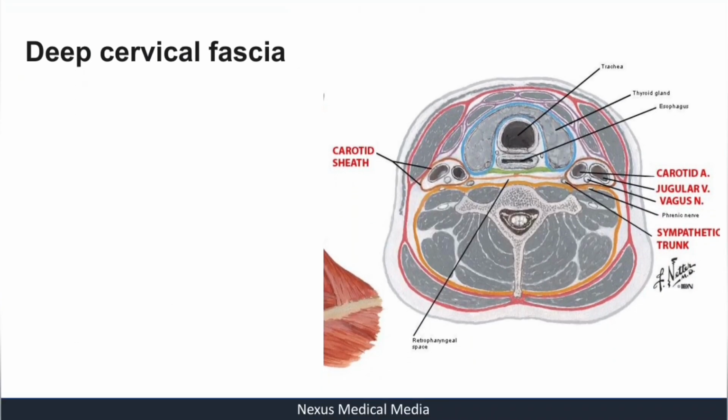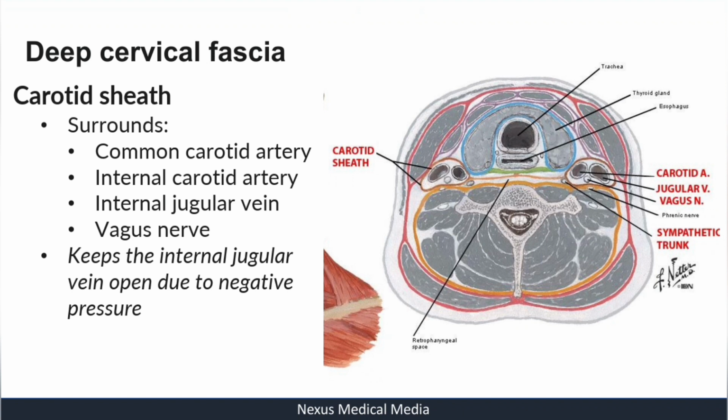The second layer of the deep cervical fascia, here is the carotid sheath, is the middle layer. It surrounds the following: the common carotid artery, the internal carotid artery, the internal jugular vein, and the vagus nerve. Depending on which level you look at, this is the carotid sheath.